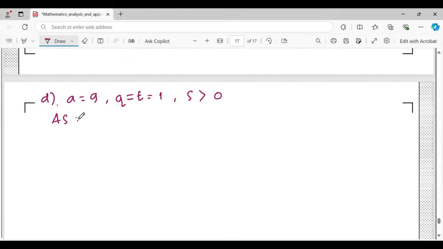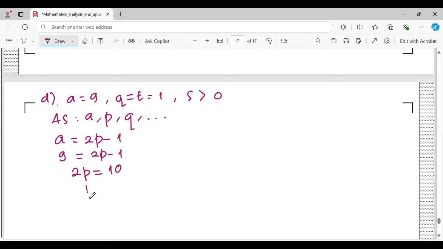And the arithmetic sequence is A, P, Q, and so on. And A is 2P minus 1. We already discussed this. A equals 9, so 9 equals 2P minus 1. So 2P equals 10 and P equals 5.